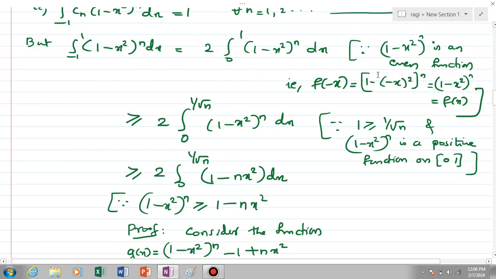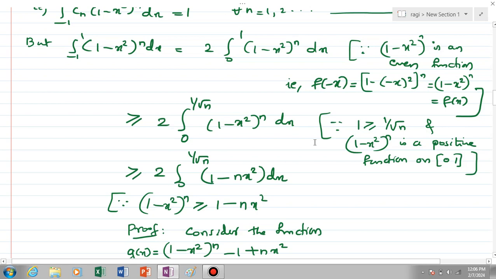We know that a function is even whenever f(minus x) is equal to f(x). So we can clearly see that the function (1 minus x squared) raised to n is an even function. So the integration from minus 1 to 1 becomes twice the integral from 0 to 1. And this is clearly greater than or equal to 2 times the integral from 0 to 1 by root n of (1 minus x squared) raised to n dx.